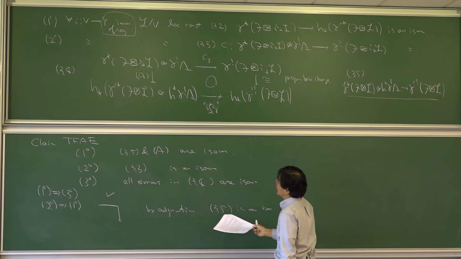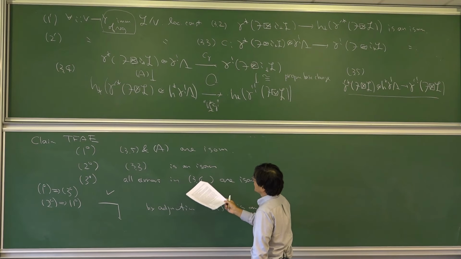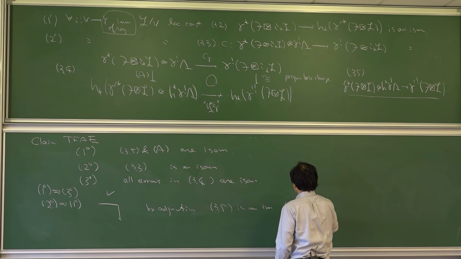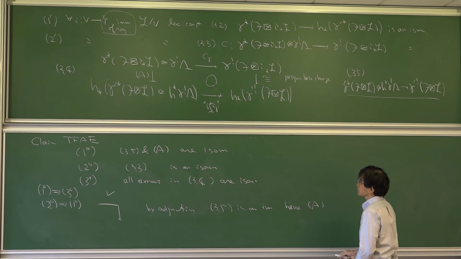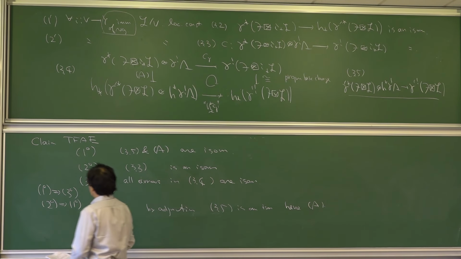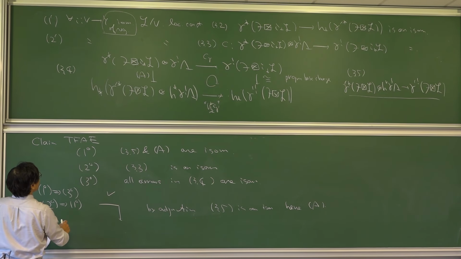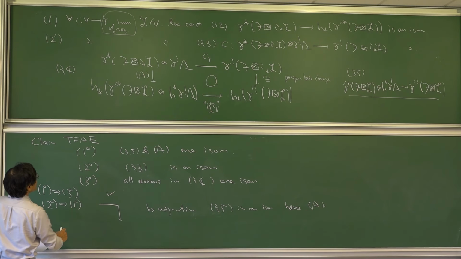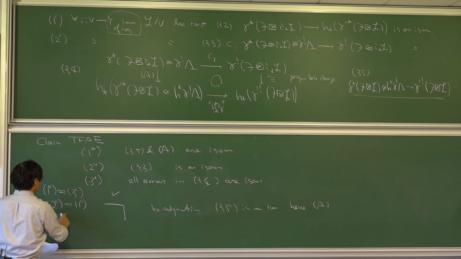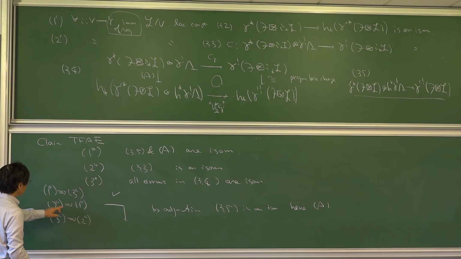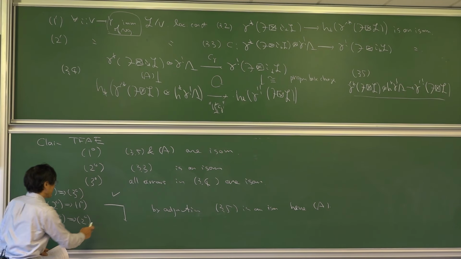So yeah, A is also an isomorphism. And then 1, 2, 1, 1, 3, 3, 2. Yeah, so we need to show this, but this is obvious.